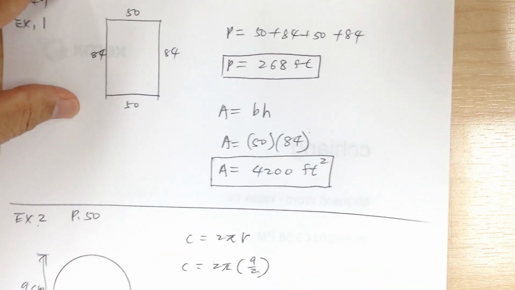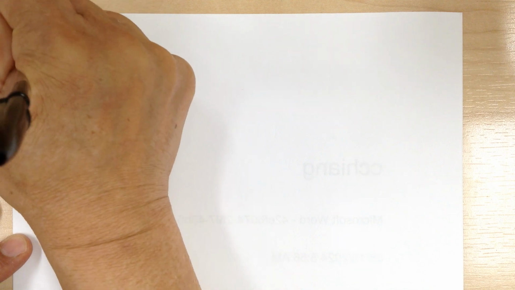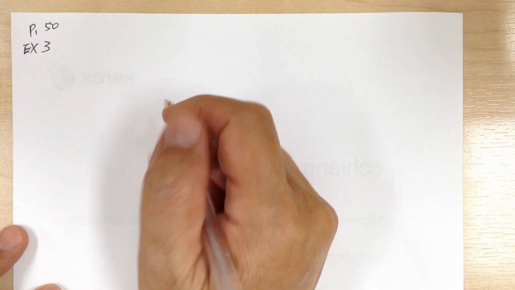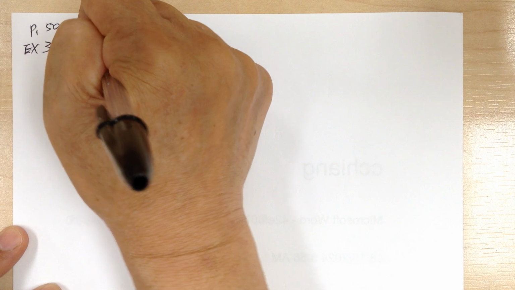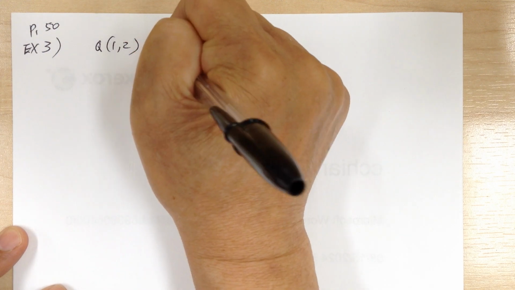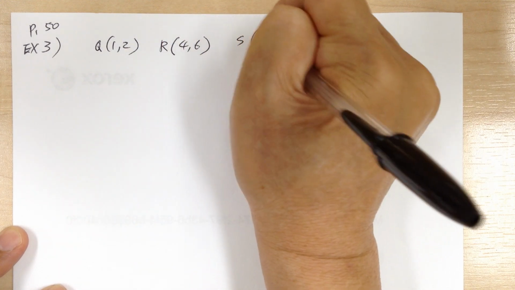Okay, let's go to example 3. It says the triangle QRS has a vertex Q at (1, 2), R at (4, 6), and S at (5, 2).